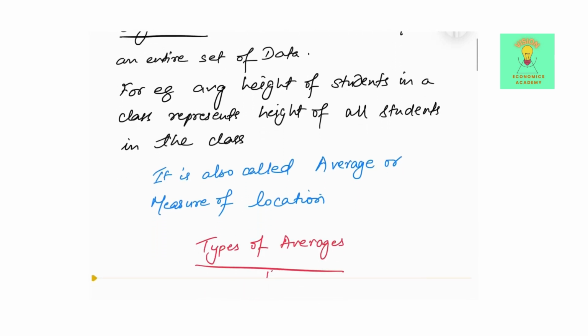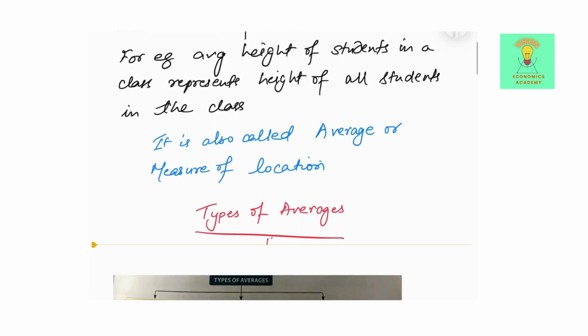For example, average height of students in a class represents height of all students in the class. Suppose there are 30 students in the class, and if we note down or measure the height of each student, right, and take the average of the students' height, then there will come a single value which would represent the height of all the students of the class, right?